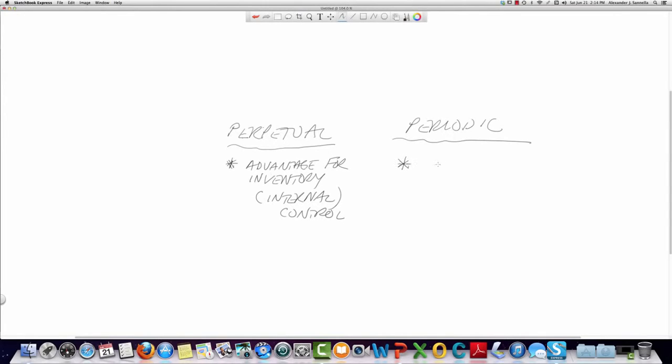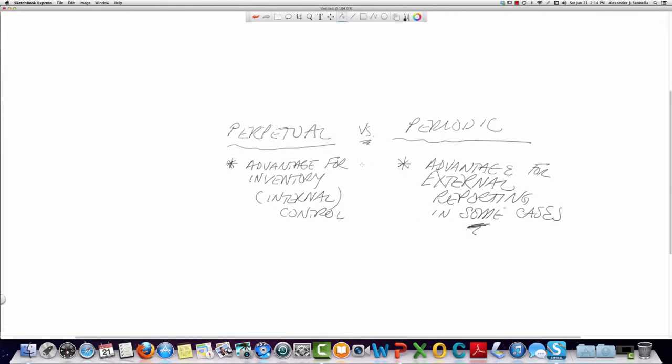As we'll see, periodic could have an advantage for external reporting in some cases.